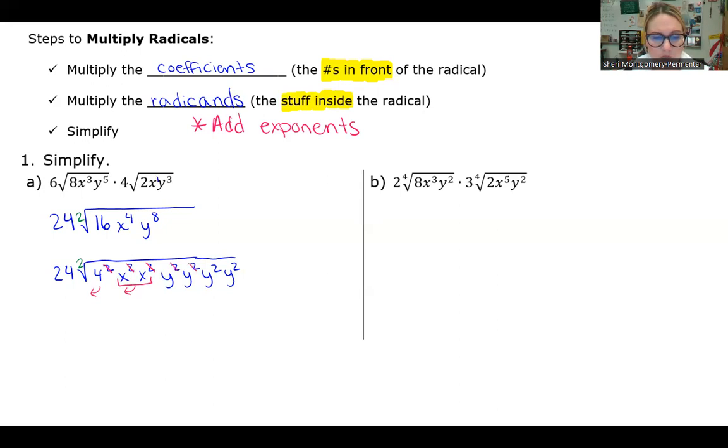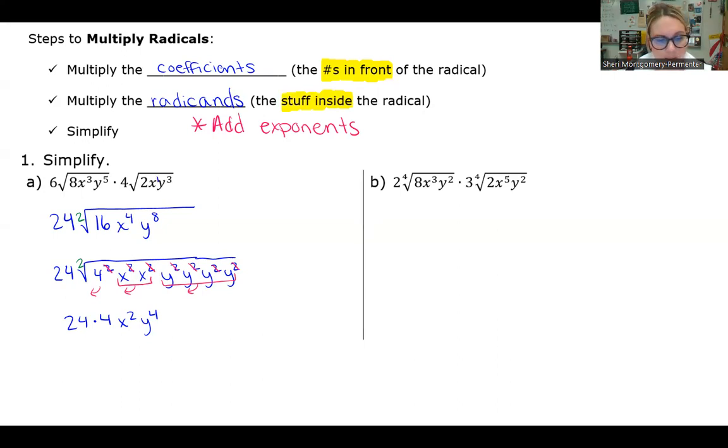And I have 1, 2, 3, 4 y's and they will go together as a group. When I write it out in front, the number that was already there is going to multiply by the number that gets pulled out in front. There's nothing left underneath the square root, so there's no more square root.